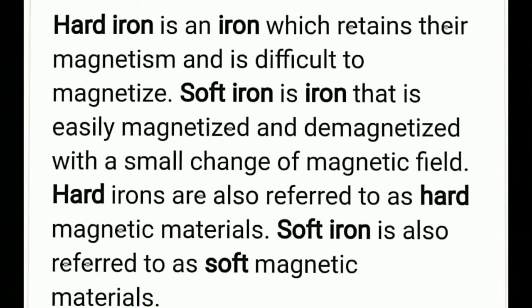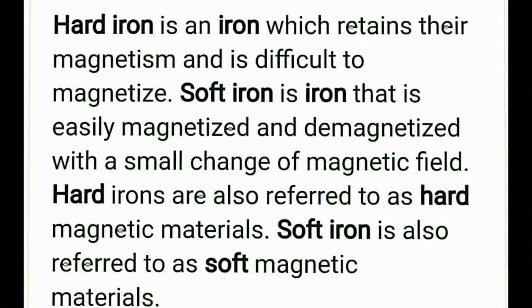That is, it is easily magnetized, and when we switch off the current, it can easily demagnetize, and that material is called soft iron. Whereas hard iron is extremely hard to magnetize, and once it is magnetized, extremely hard to demagnetize. So that acts as a permanent magnet, and soft iron acts as a temporary magnet.